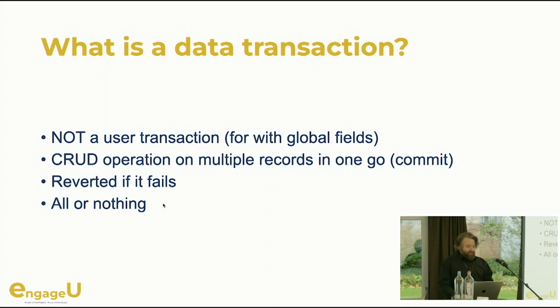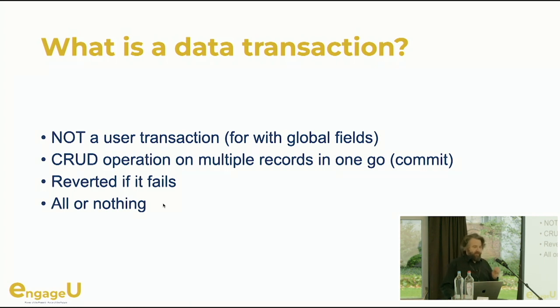So a database transaction is a CRUD, so it's create, update or delete operation or bunch of operation on multiple records in one go. In FileMaker, a transaction is what happens when you commit data, right? Commit record is a transaction.